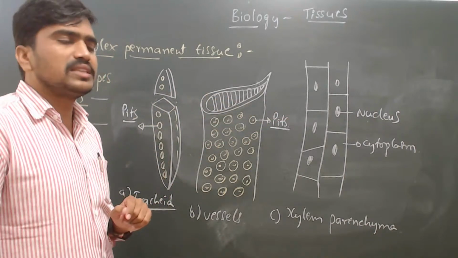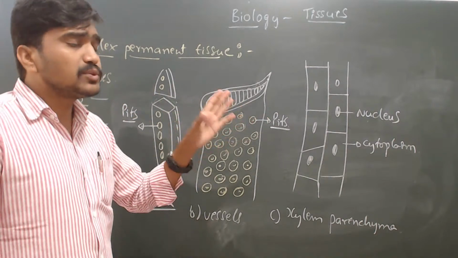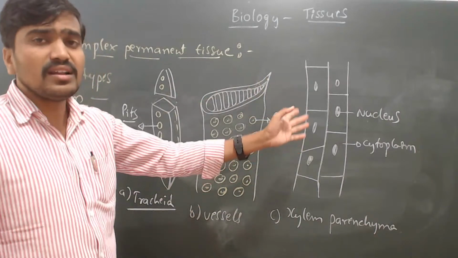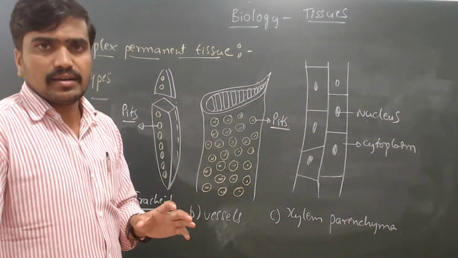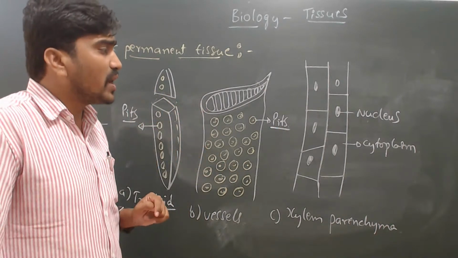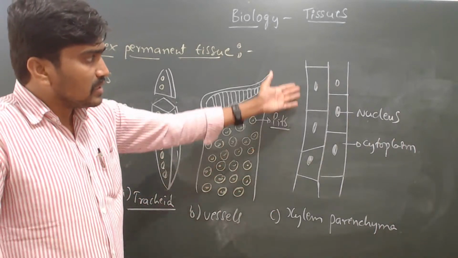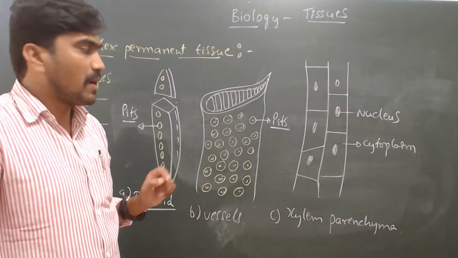The next two, xylem parenchyma and xylem fibers: one helps to store food and move water sideways, and the other provides structural support to the plant. Which one? Xylem fibers. Now observe xylem parenchyma, the third one. Here it contains the nucleus, and also the cytoplasm.